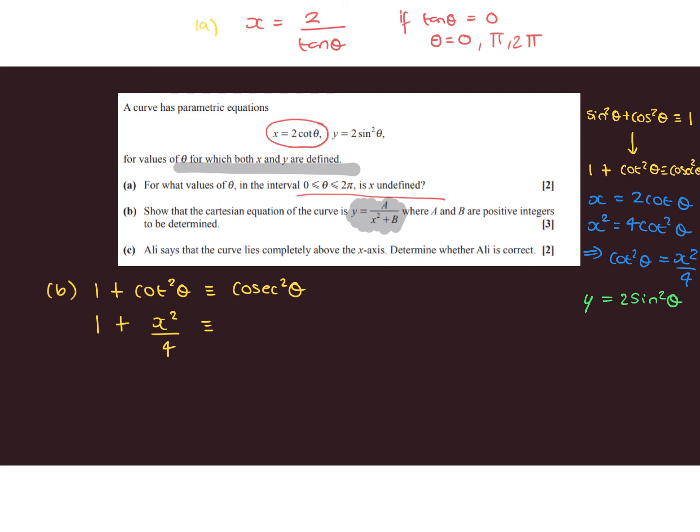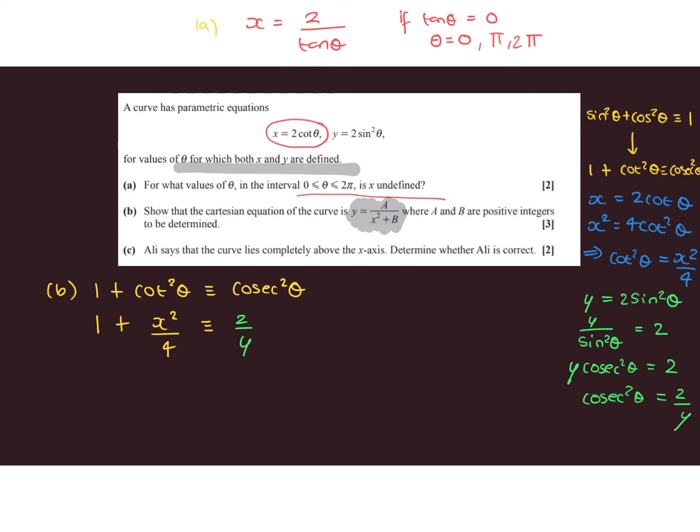So we also then know that y over sine squared theta equals 2. Now, dividing by sine gives you the cosec function, so that's y cosec squared theta equals 2, or cosec squared theta equals 2 over y. So we can substitute that in for cosec squared theta here.